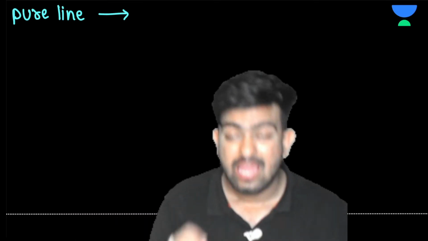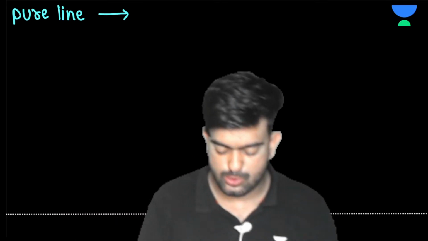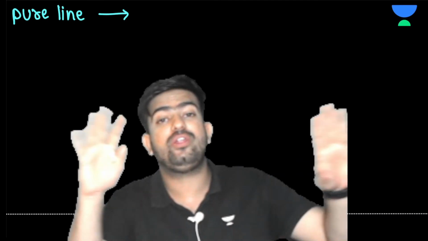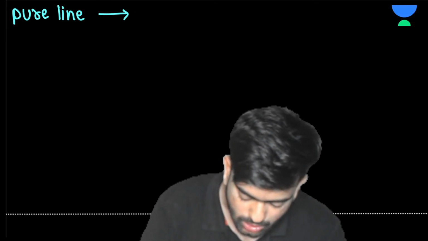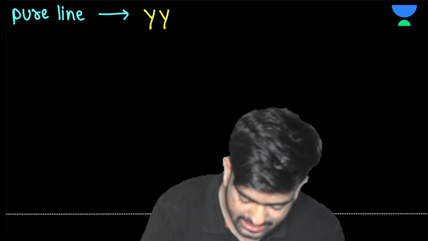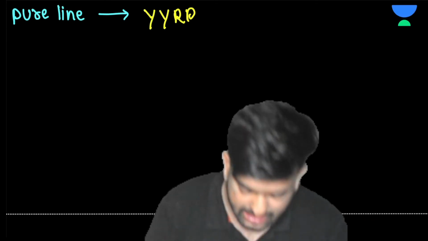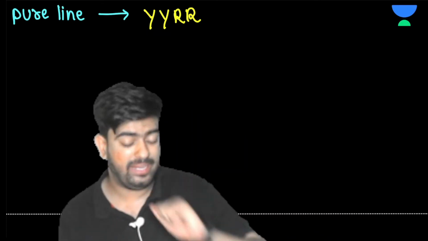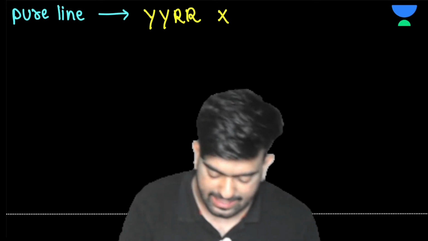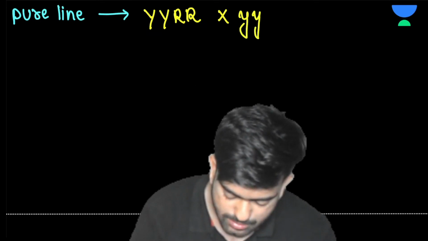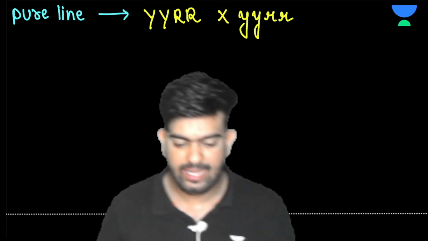Here we have two parents. One parent is dominant for all the characters, like capital Y and capital R. And one parent is recessive for all the characters, which means small y and small r.